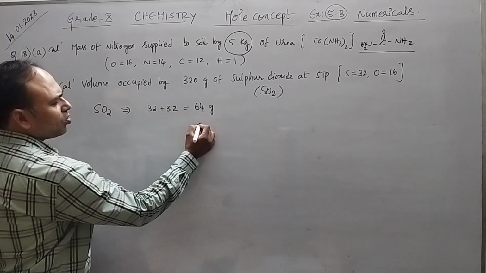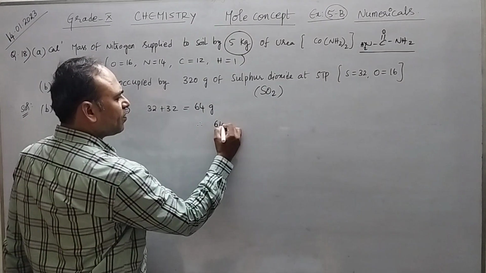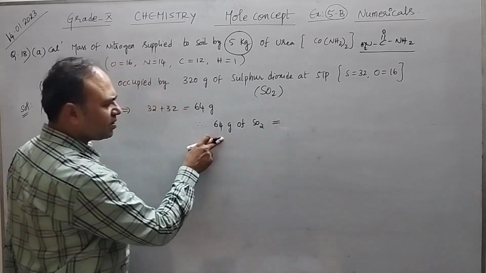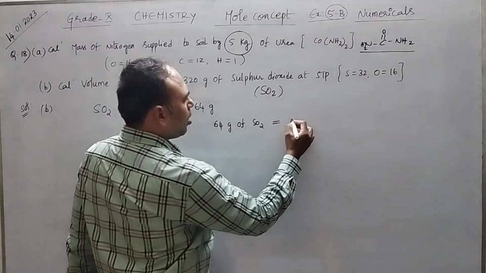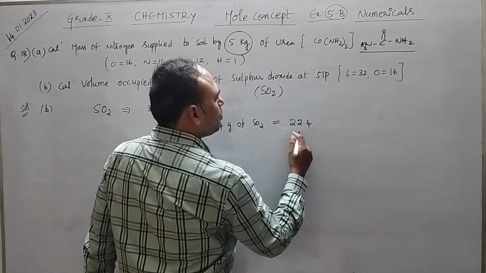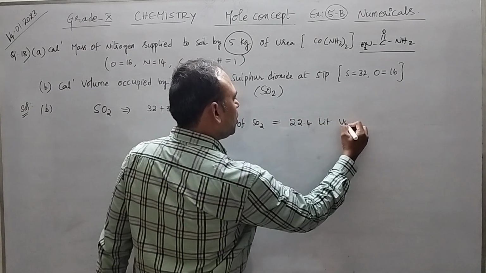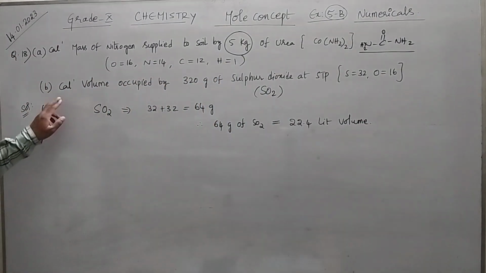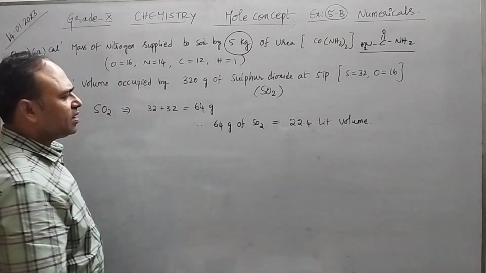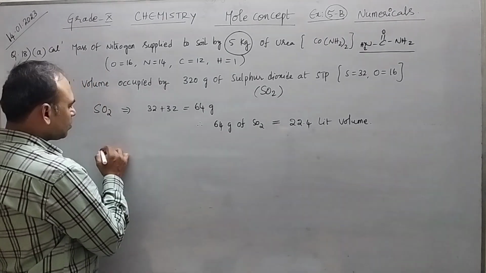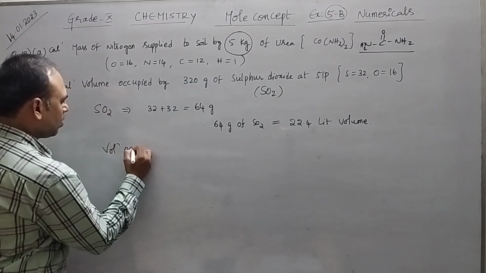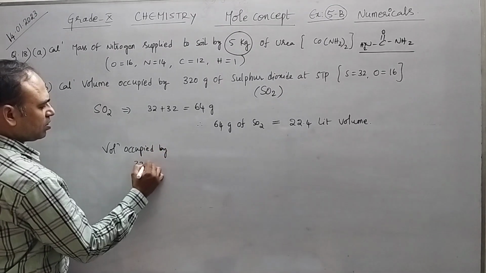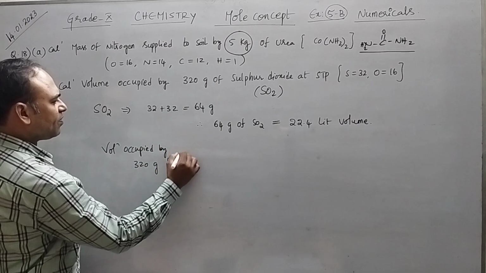Now, as you know, 1 mole of any gas, here 64 grams of SO2, which is the molecular mass, occupies 22.4 liters of volume. So this is already known to us. Now they are asking to find the volume occupied by 320 grams of sulfur dioxide.